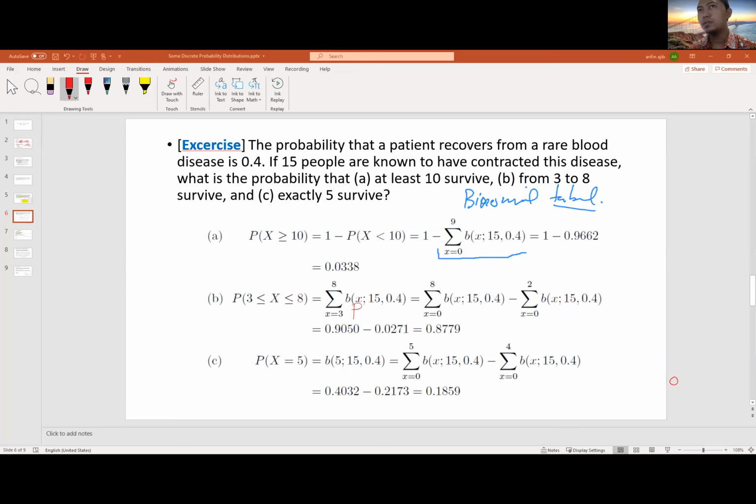So the probability is 0.4, and n is 15. The r is 9.